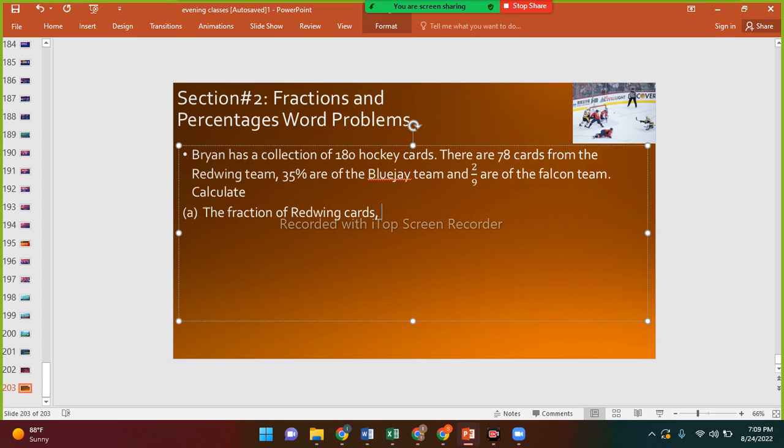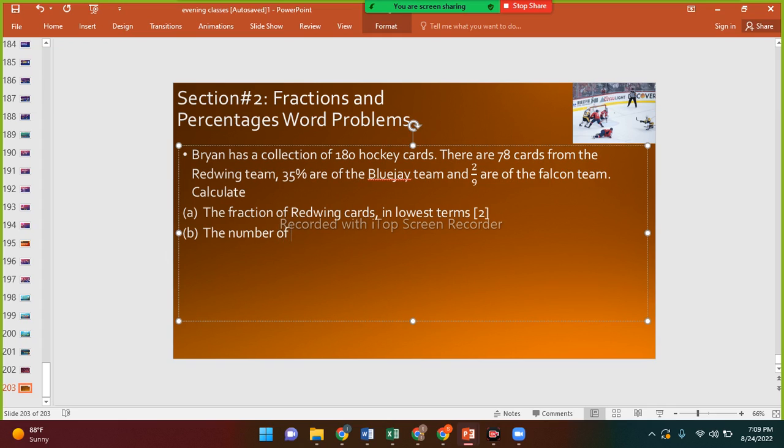Now we have to make sure that it's in lowest terms, okay? And so that's 2 points.